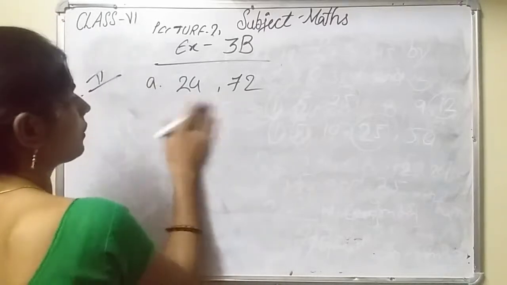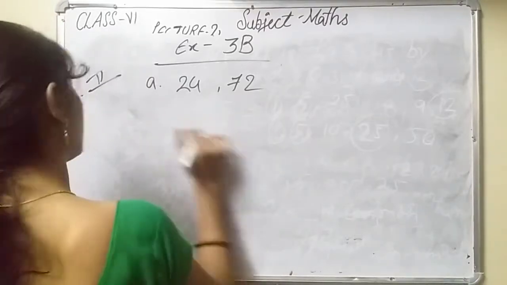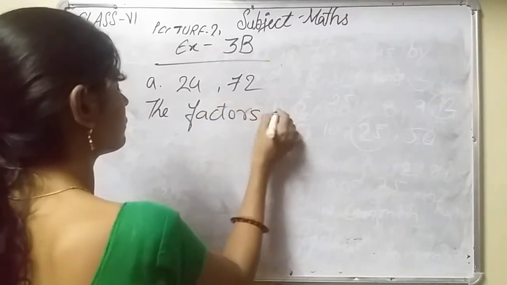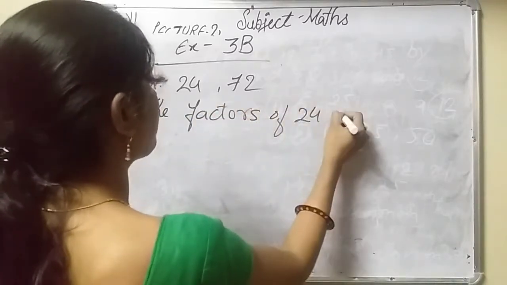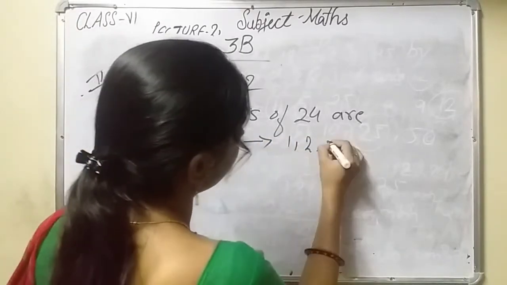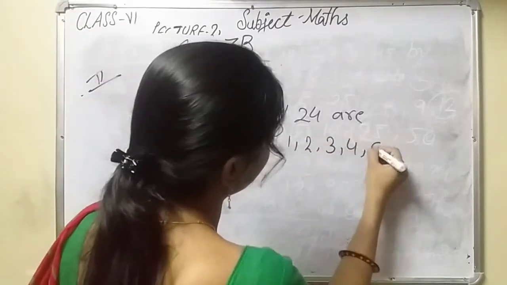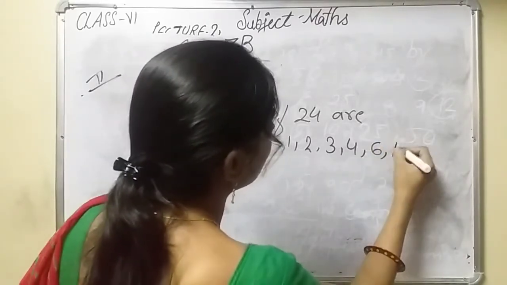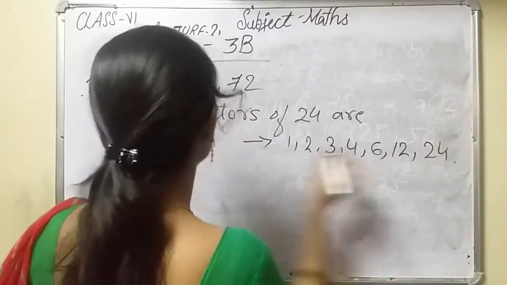See, the factors of 24 are: which are the factors of 24? 1, 2, 3, 4, 6, and then 12 and 24.